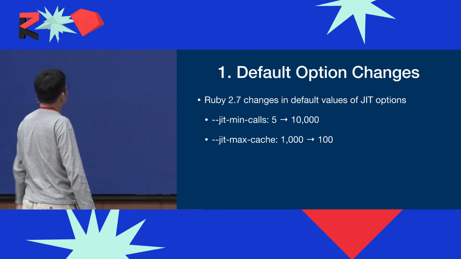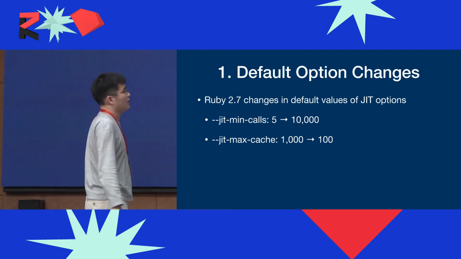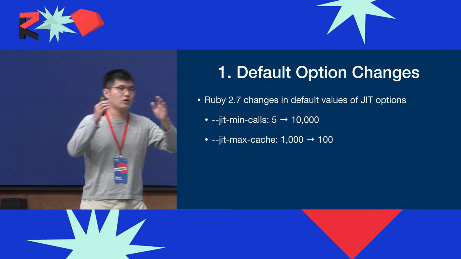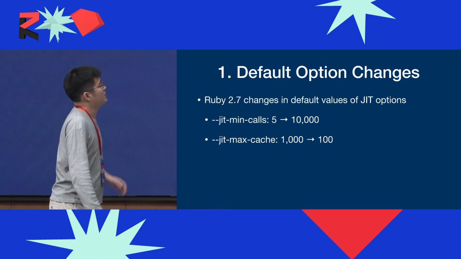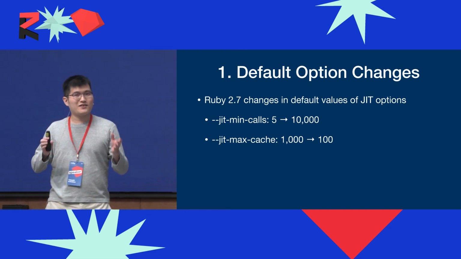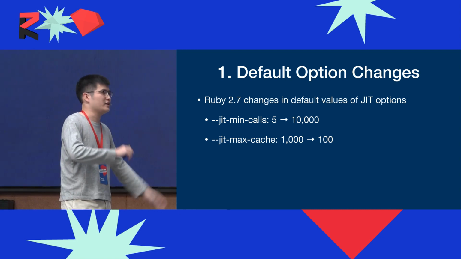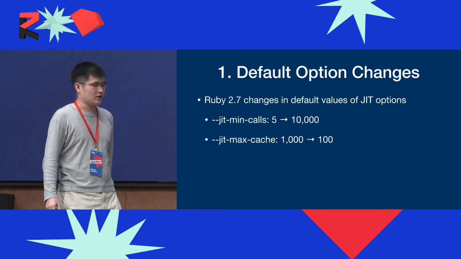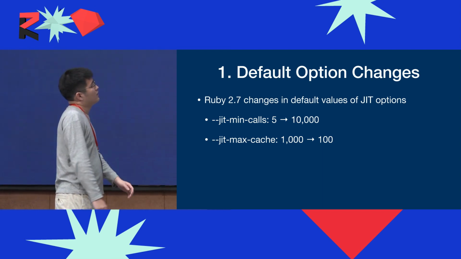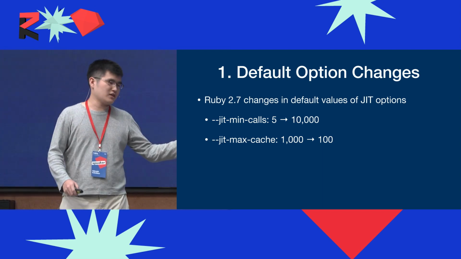And there's also the JIT max cache, which is the number of methods to be optimized or JITed. But compiling 1,000 methods to native code and loading that from memory increases memory pressure, and it's not cache efficient.